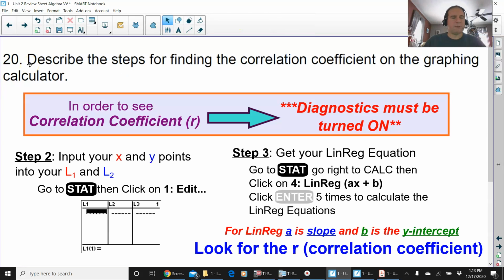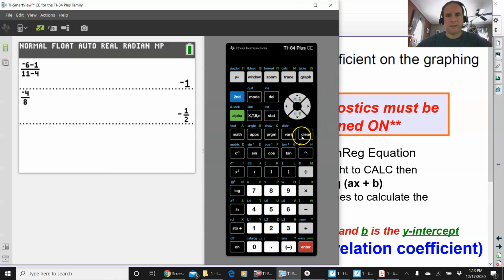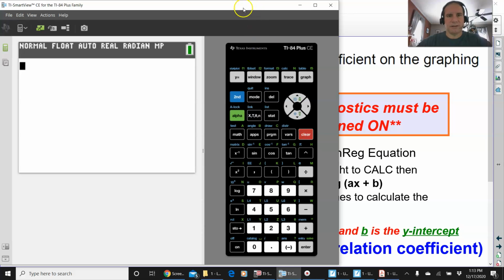Okay, so this is everything that you need to find the correlation coefficient. Remember, in order to see the correlation coefficient, you must have the diagnostics on. There's a couple of ways to turn diagnostics on.